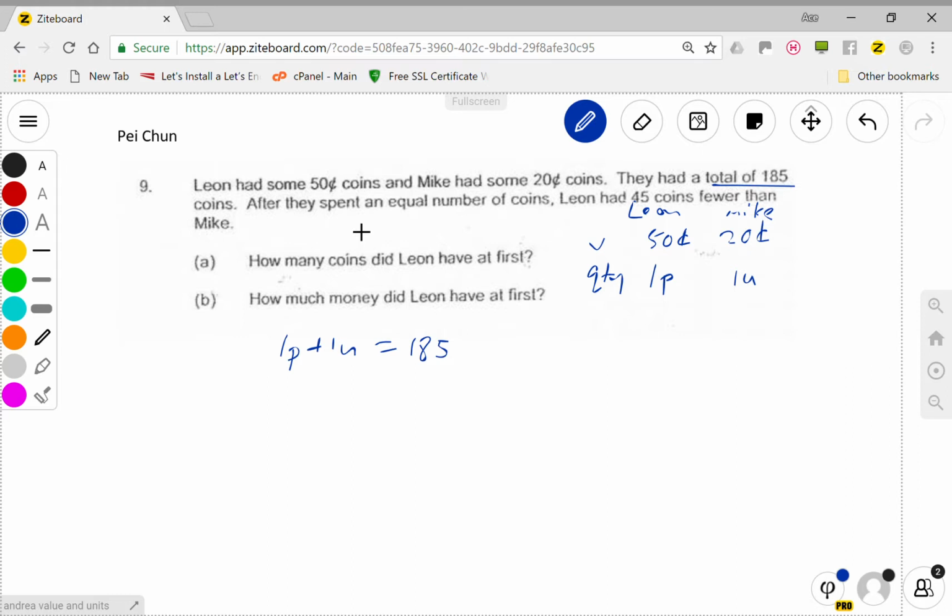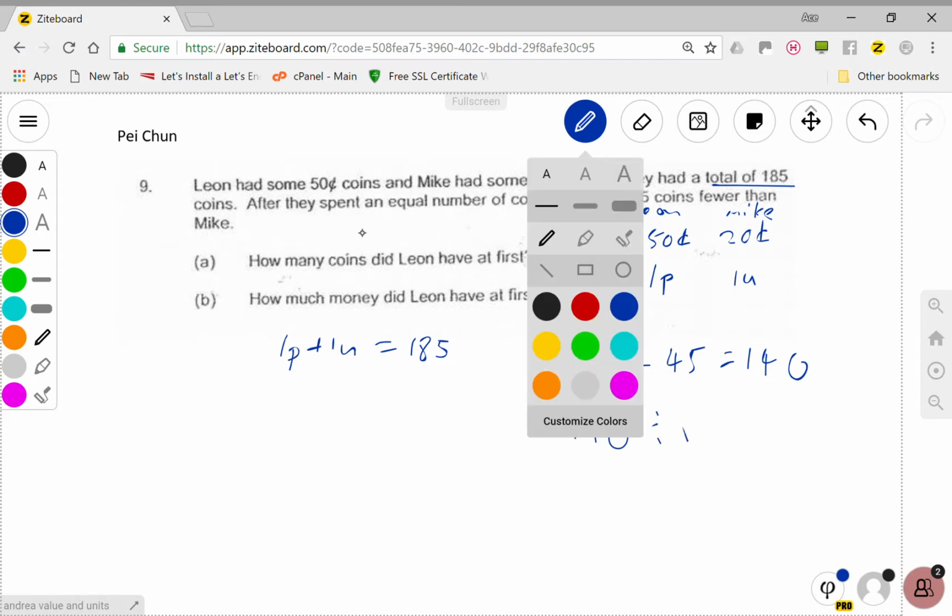If I take 185, take away 45, I get 140, right? So if I take 140, equal number of coins, divided by 2.